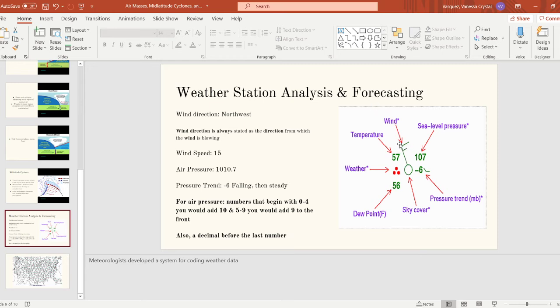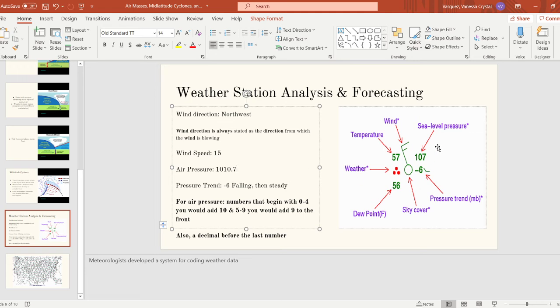It's pointing in this direction, so it's coming from the northwest, which I have put here. And the lines extending out tell you the wind speed. A long line has a value of 10, and a short line has a value of 5. You add these two values to find the wind speed, which is 15 in this case.